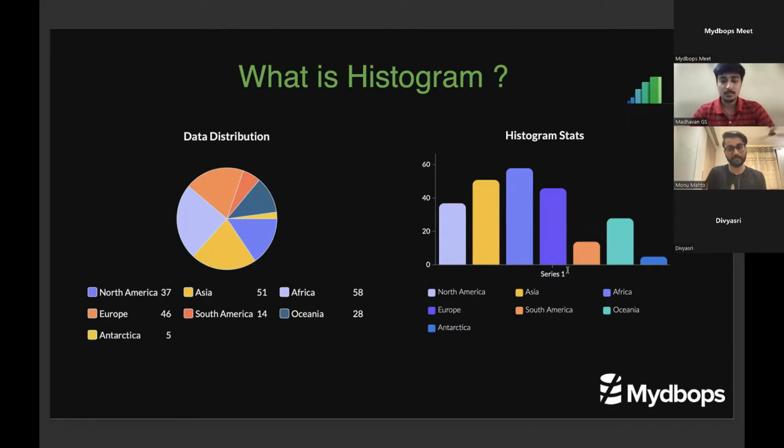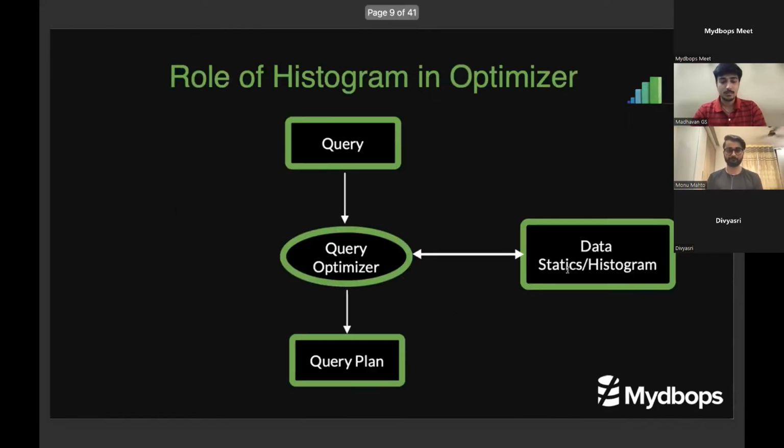In the same way in MySQL, if we give the histogram stats to the optimizer, then it will give us a proper, efficient query execution plan. So, the role of the histogram in the optimizer. Whenever a query or request comes in, the query optimizer looks for stats. It will go for the storage engine stats, or the engine-independent stats, which are stored in tables like index stats, table stats, or column stats.